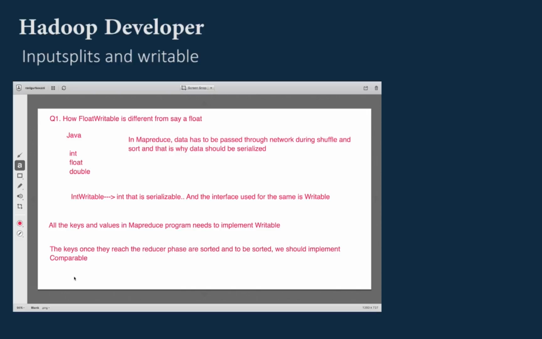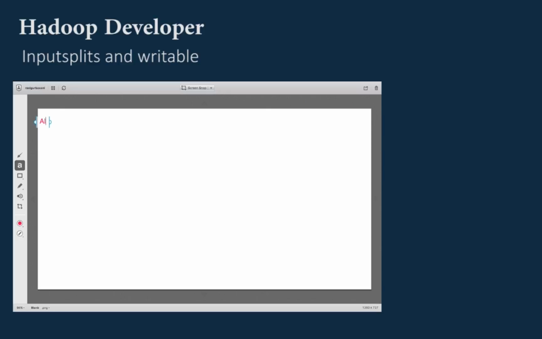That's why we should also implement comparable. So an important point here is: all keys and values in Mapreduce should implement Writable, and keys should implement comparable.